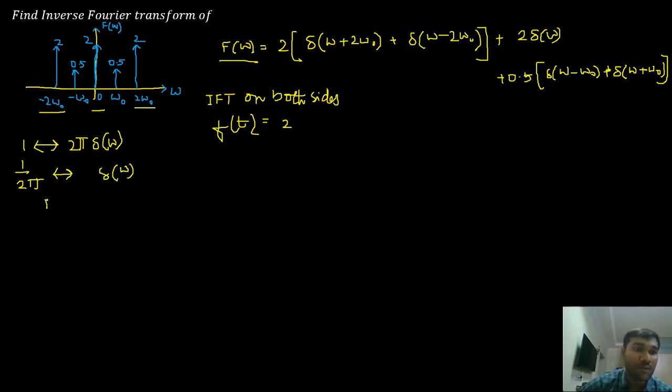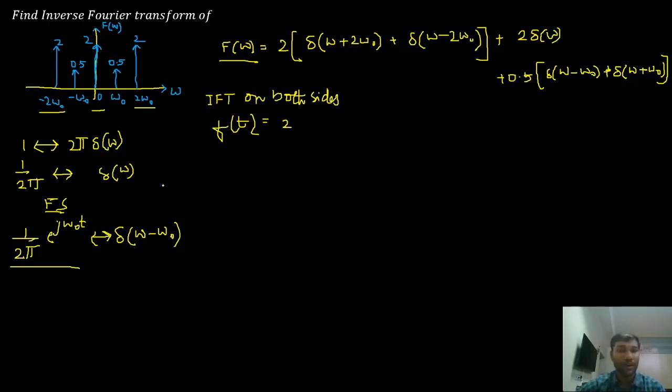So if I apply frequency shifting here, 1 by 2 pi e power j omega naught t will have the Fourier transform delta of omega minus omega naught, right? So the inverse Fourier transform of that will be 1 by 2 pi e power j omega naught t.